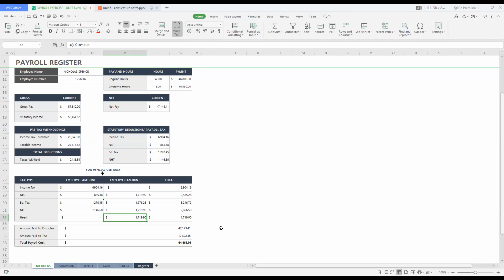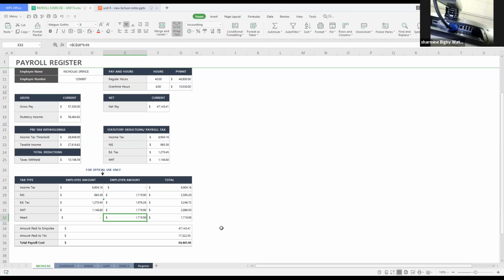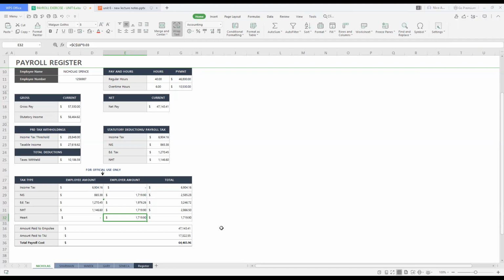It is 28,848. Okay, so you take that away now from the statutory income to get the taxable income. And the statutory income was $56,464.62.